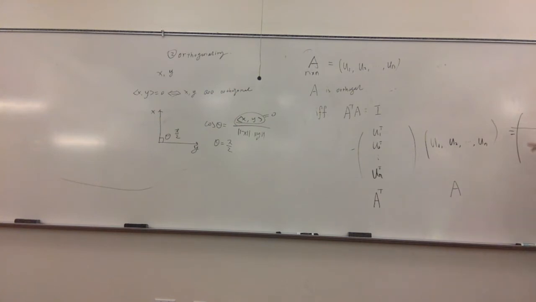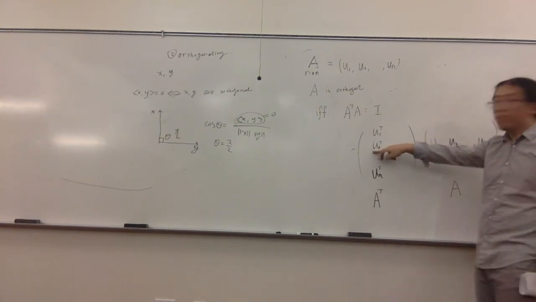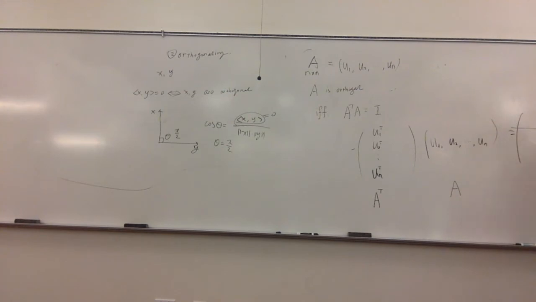So we will use the ith row in A transpose, which is ui transpose, and then multiply with the jth column in A, which is uj. This is how we compute the element ij in the result. This is a scalar because it is the inner product of ui and uj.